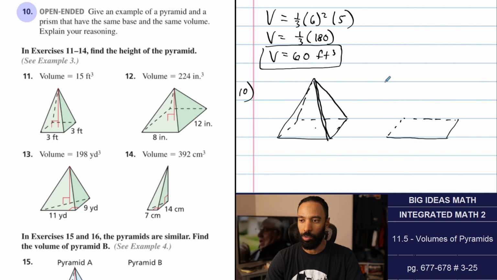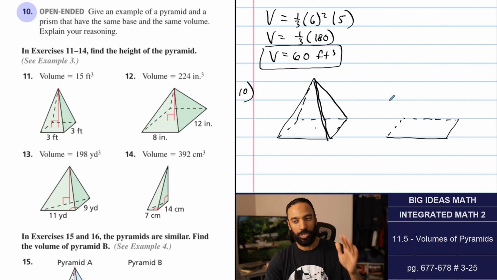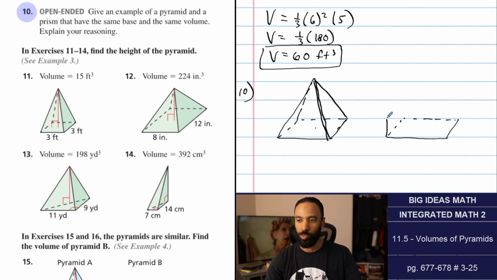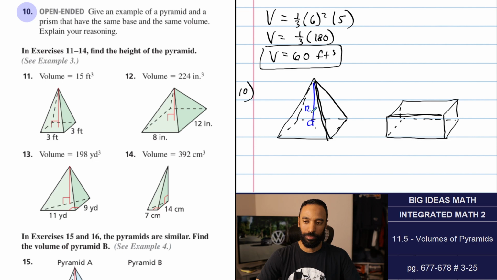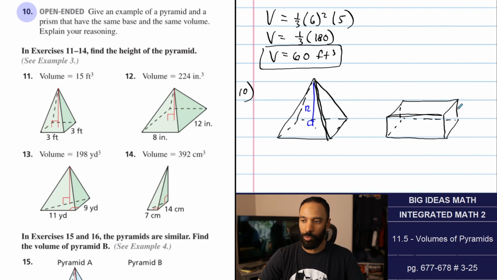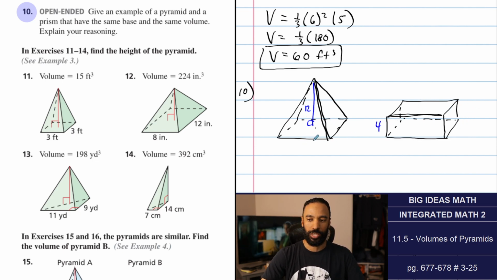If we take a whole prism with that same height, but we divide it by 3, we just get it down to here. So that would be an example of what we're looking for. If this height was 12 units, then this height would have to be 4 units here, right?